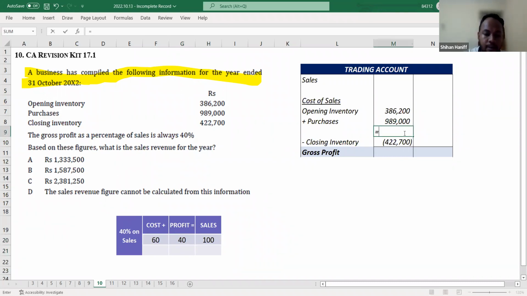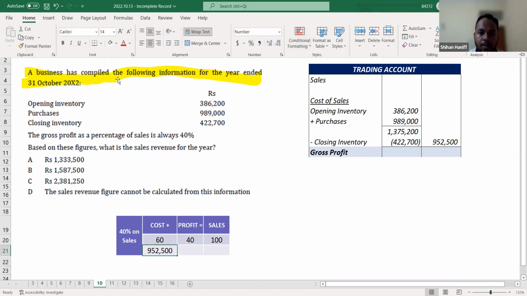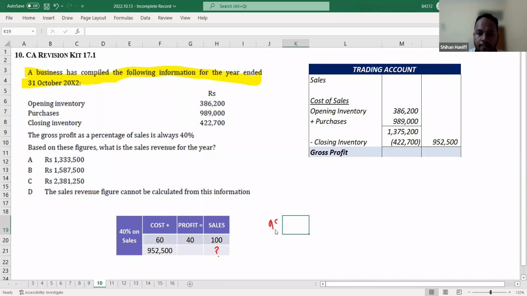So first we'll find out the cost of sales. It's 952,500. So 952,500 is the cost. Then we need to find out what they're asking, sales. Sales means this amount. 952,500 is equal to 60.